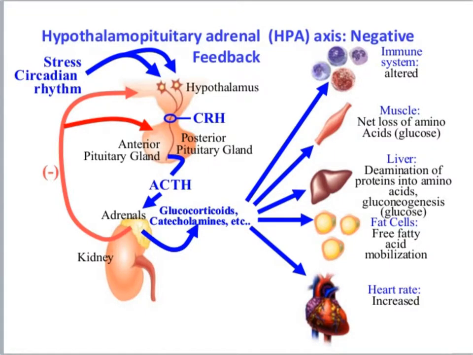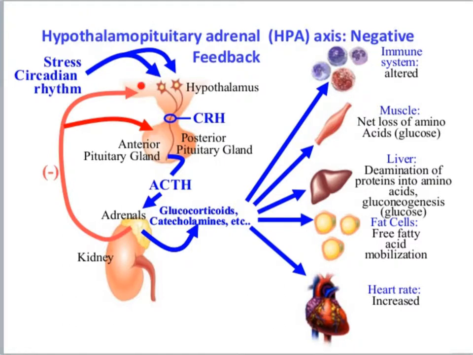So this is a diagram of the corticosteroid or adrenal hormone axis, right? It starts in the hypothalamus, as these things do. The hypothalamus secretes CRH, corticotropin-releasing hormone.